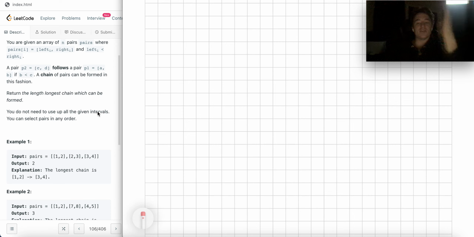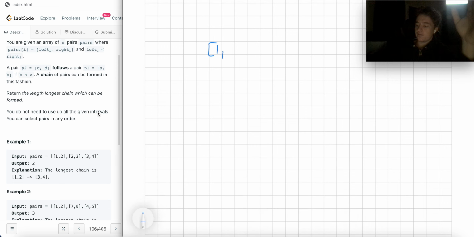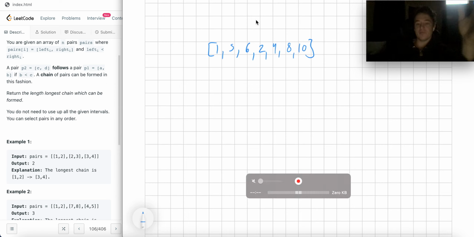Because there's this idea of a longest increasing subsequence where, just to iterate through the problem quickly, if you have 1, 5, 6, 2, 4, 8, 10, the longest increasing subsequence asks: how do I find a subsequence such that it's increasing?